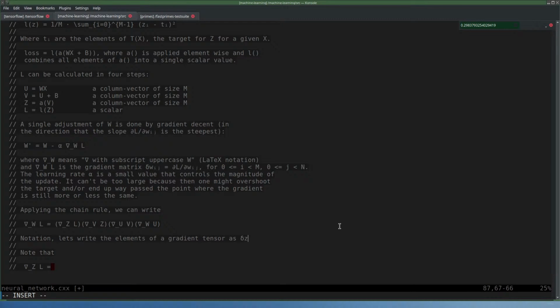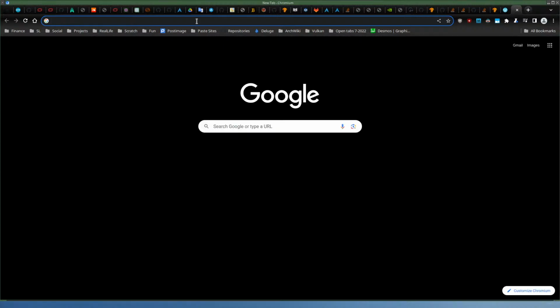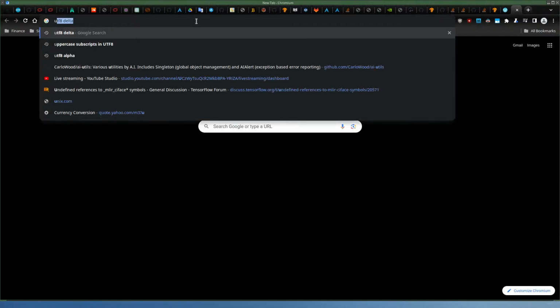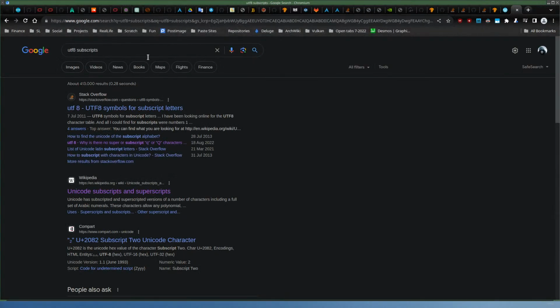And then I want a subscript, and I have a subscript here, I. But maybe not clear enough, so let's use the other one. Let's use W. And that actually has I as well as J and K. And I close that, I think. UTF-8 subscripts.